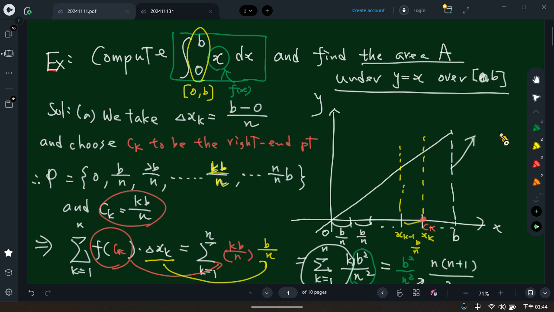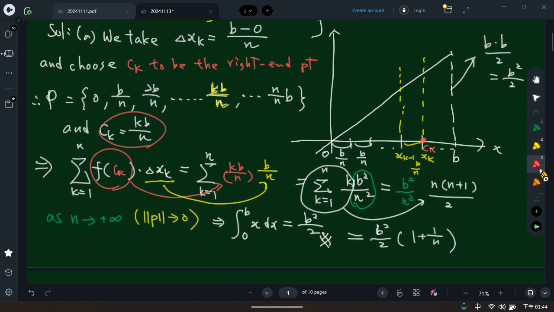That should be b times b over 2. So the result is still the same, right? So you can see here are the same.